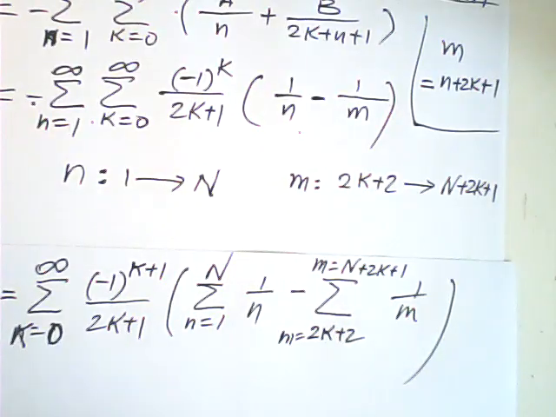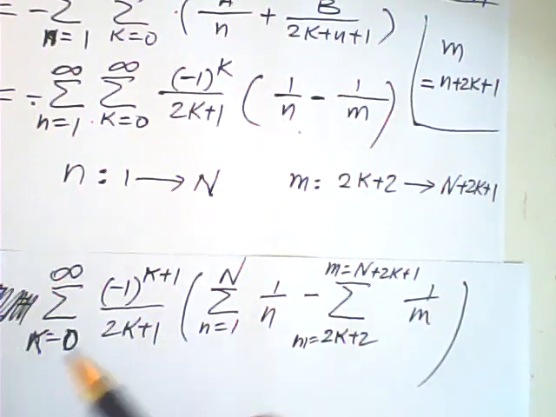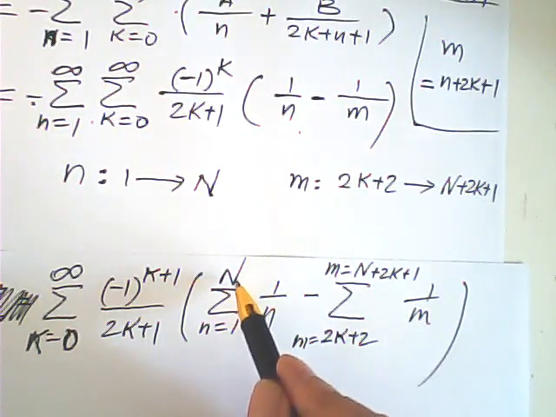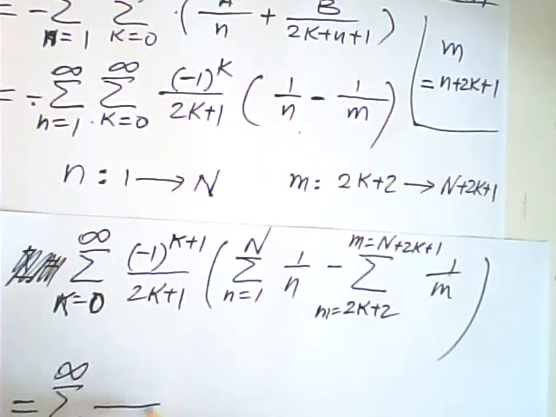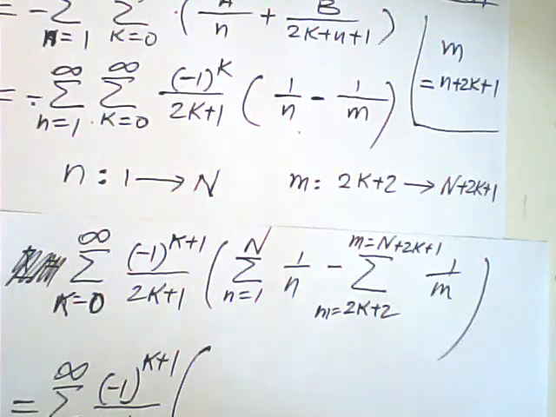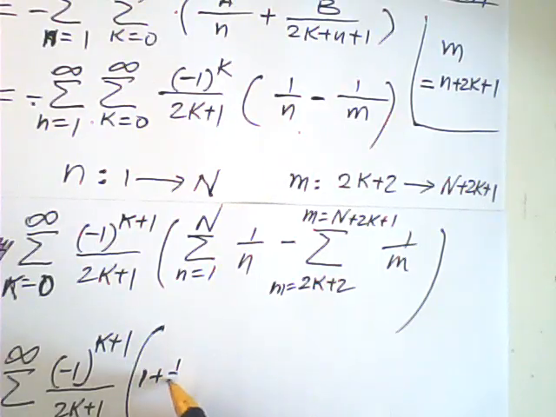Yeah. And this one is equal to, no, it's not equal to. I'm sorry. It will be equal to I when this goes to infinity. When this is taking N, it's not I. So, okay, now this is sigma k equal to 0, this is 2k plus 1 minus 1 to the k plus 1. Now this one is 1 plus 1/2 plus 1/3, right?